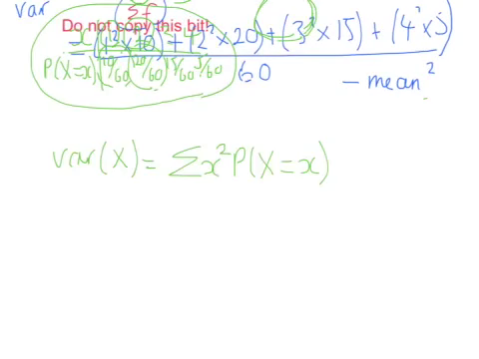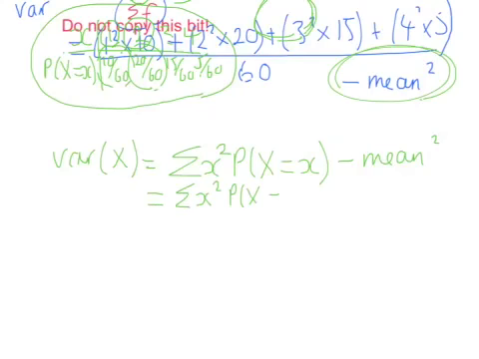We must not forget to minus the mean squared. Now, in your formula book, this is written for you, so you don't need to learn it. But the only thing that I'm going to say is, instead of them writing the mean squared, they write this thing here called a mu, all right? And that's another symbol for the mean. Okay, so that's in your formula book.